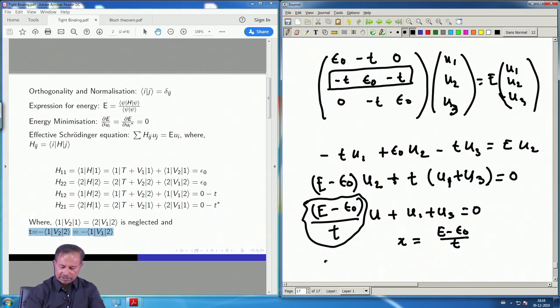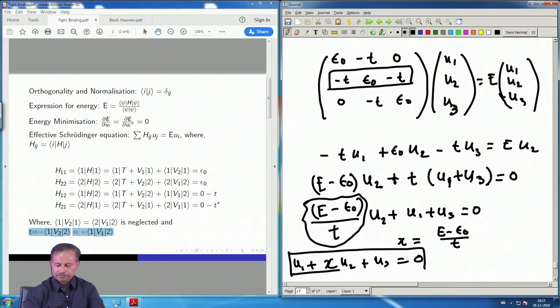Then my equation is x u2 plus u1 plus u3 equal to 0. This is the equation I have to solve, corresponding to the second row.